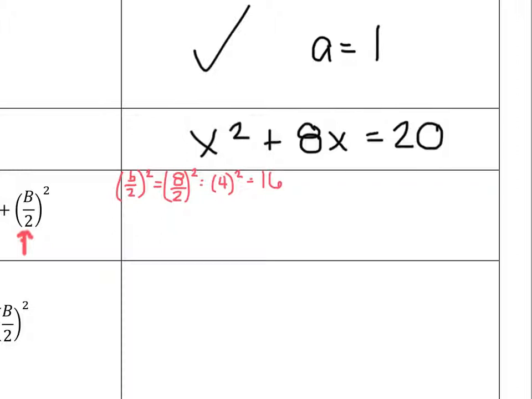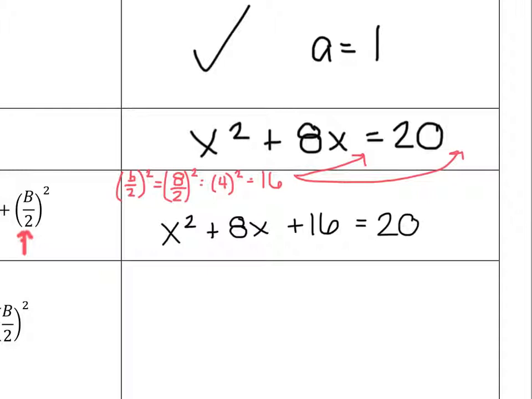So our 16 is going to go right here and right here. So when we write it out, we'll have x squared plus 8x plus 16 equals 20 plus 16.